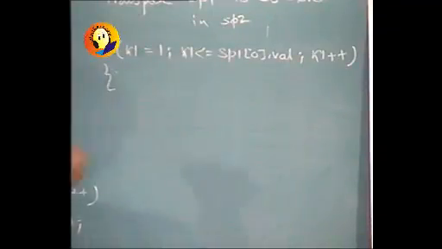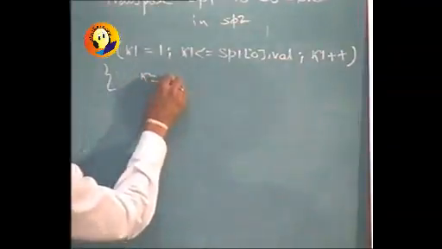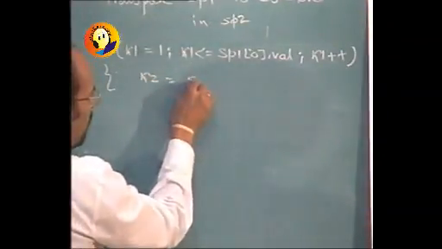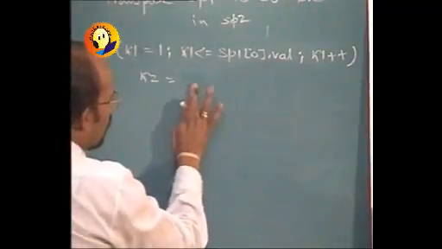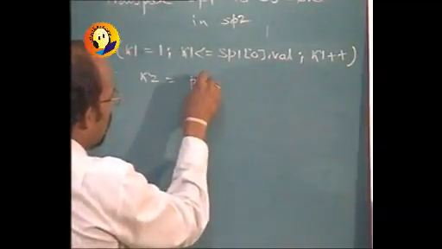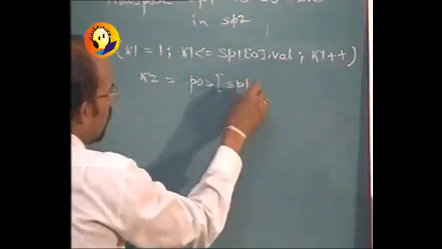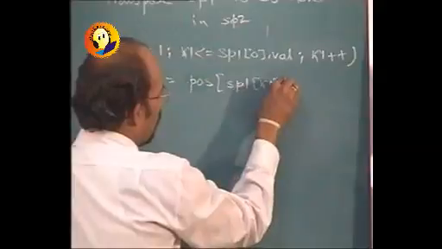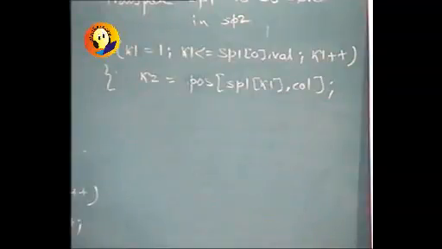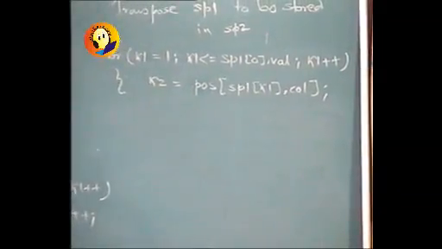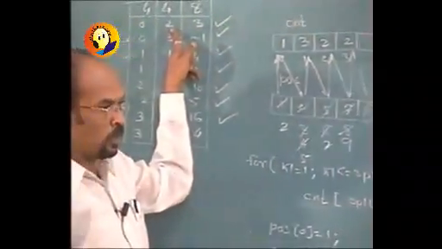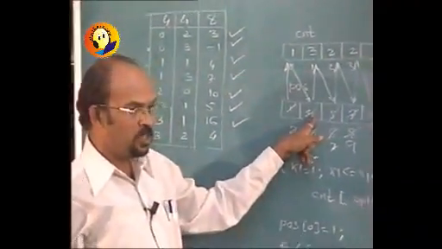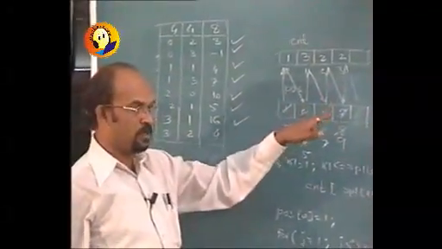Now I will be saying, which was actually not required, I can write it in a slightly different manner, but K2 will be the value at array POS for that particular column. Like sp1[k1].col is 2 and position of 2 initially is 2. That will be k2, that is the position in sp2.